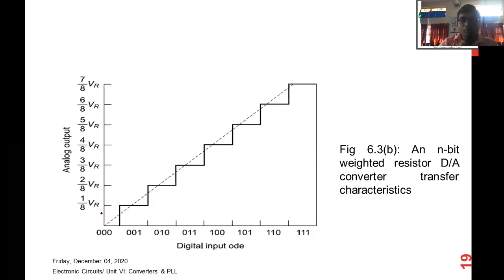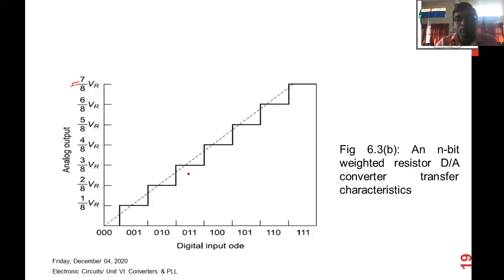This analog output would be generated as VR upon 8, 2 VR upon 8, up to 7 VR upon 8. Okay. So note down this diagram as well. So in this way we have shown the circuit diagram, the derivation as well as the transfer characteristic of the binary weighted resistor digital to analog converter.